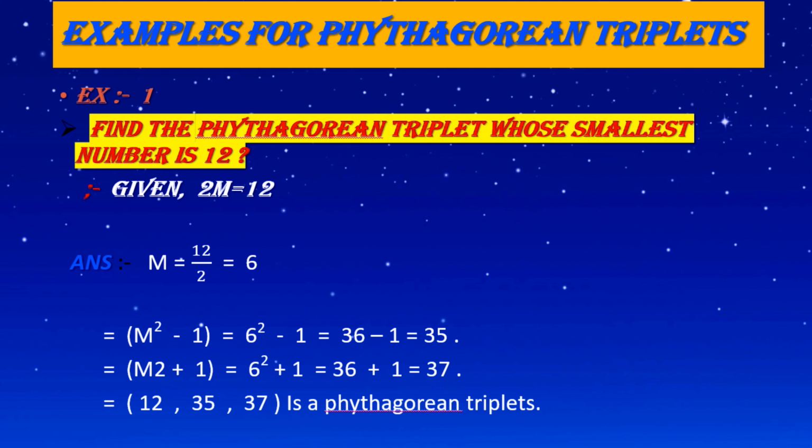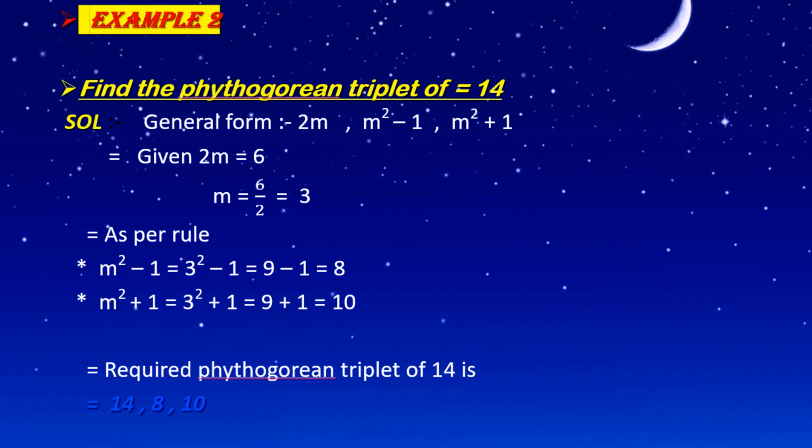So the Pythagorean triplet is 12, 35 and 37.